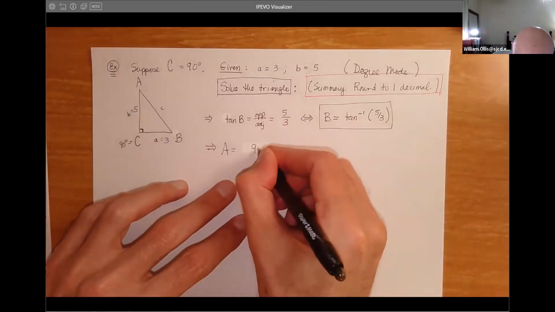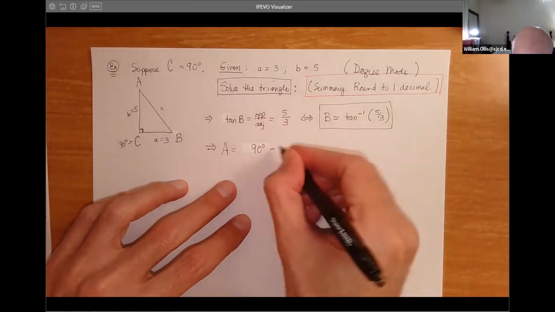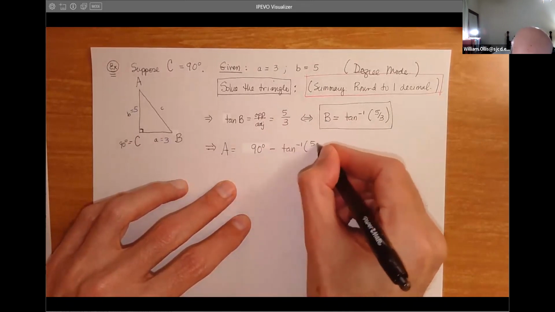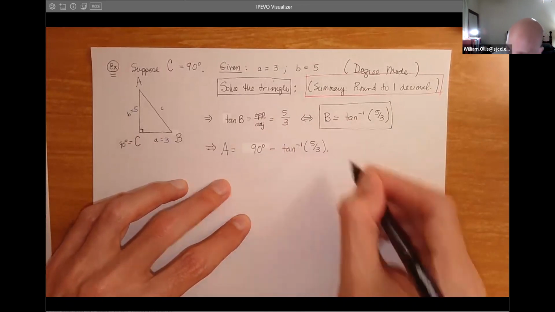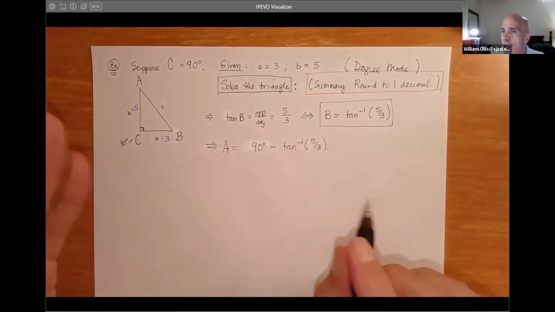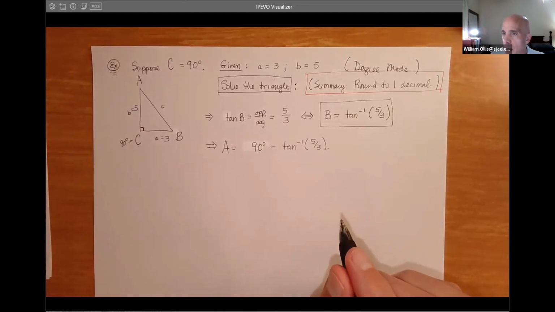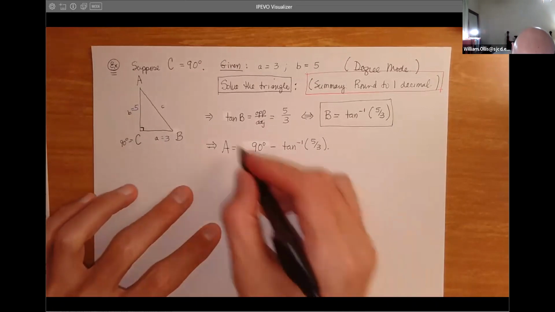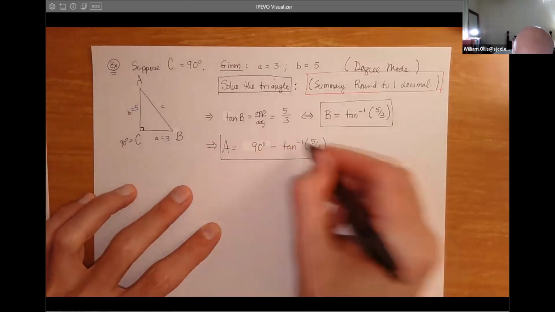So A will be 90 degrees minus the inverse tangent of 5 over 3. This is so much easier than the general law of sines and law of cosines, which are much more complicated because we don't have the luxury of the right triangle. So here we have angle A, exact.